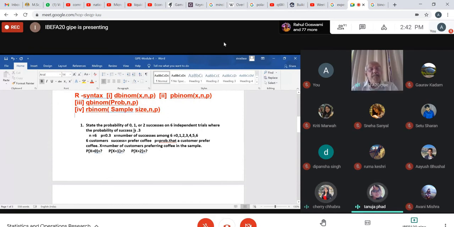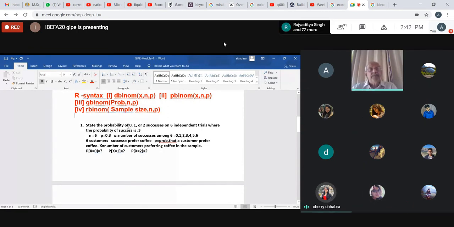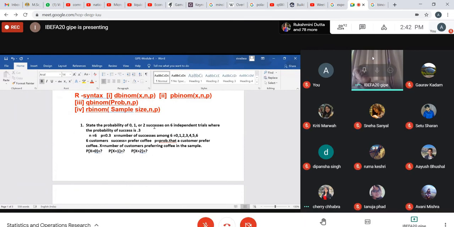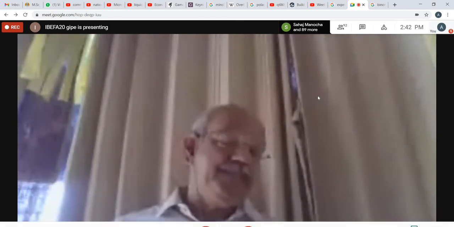State the probability of 0, 1 or 2 on 6 independent trials. Wouldn't it be 7 trials?